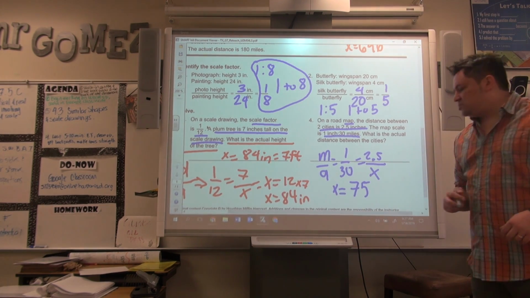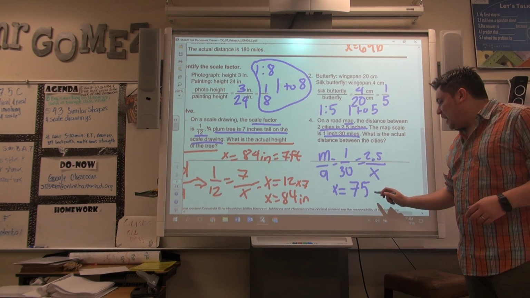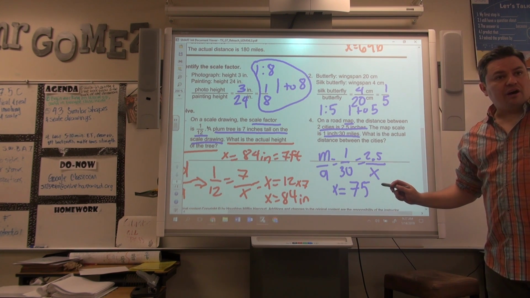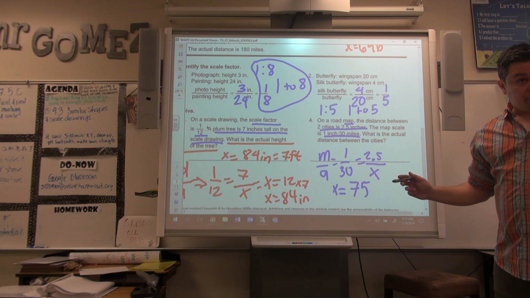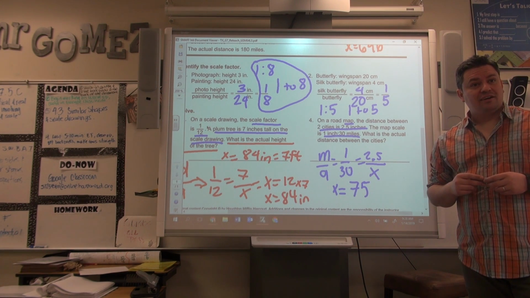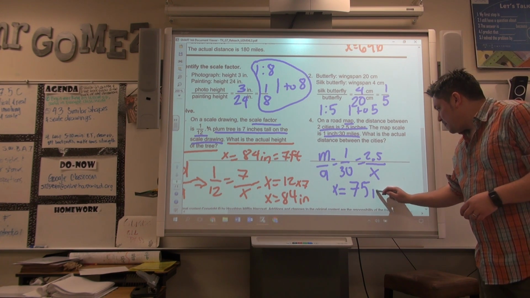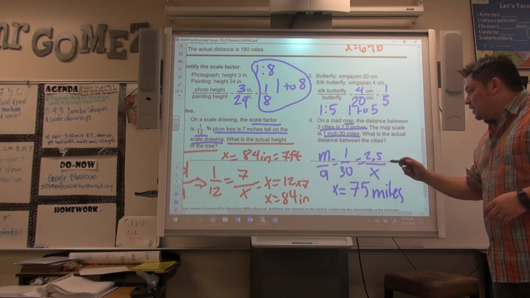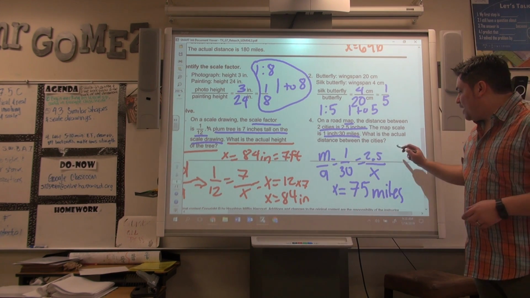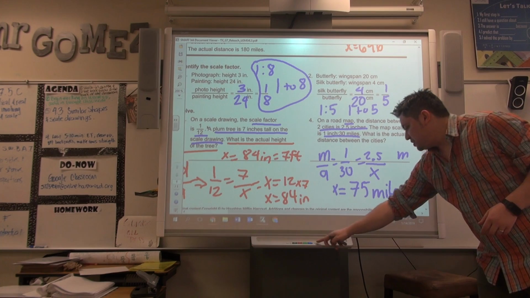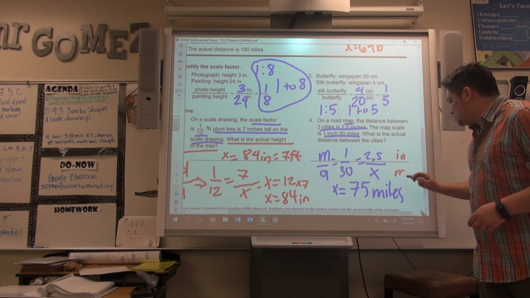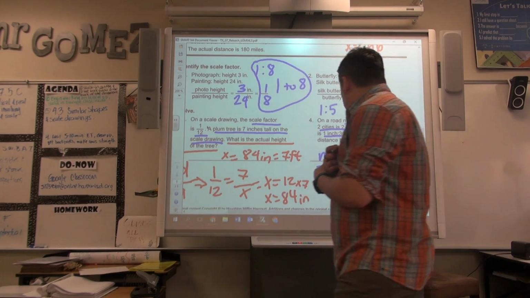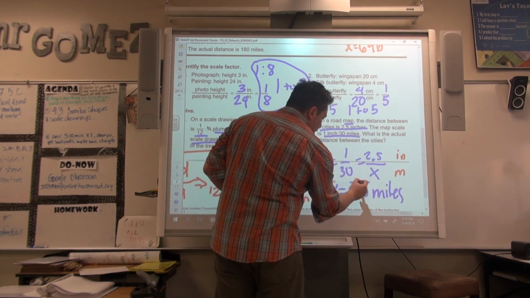So how far apart are they? 75 inches? And look, you can label this. You have inches and you have miles. So the cities are 75 miles apart.